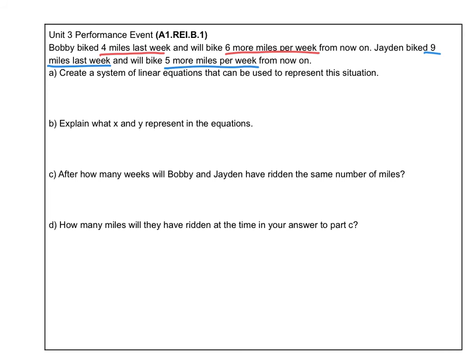So in this whole unit, linear equations are in the form of what? Y equals mx plus b. So if I'm creating a system of linear equations, how many do you think I need?